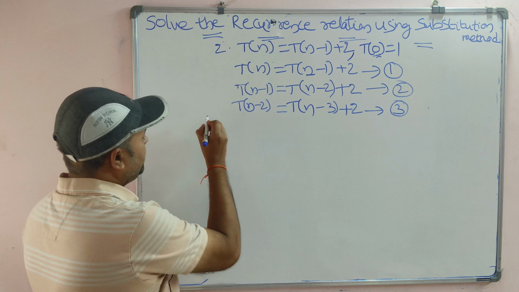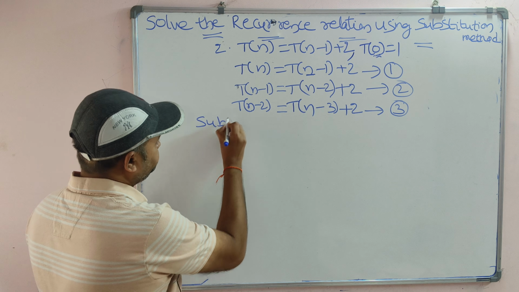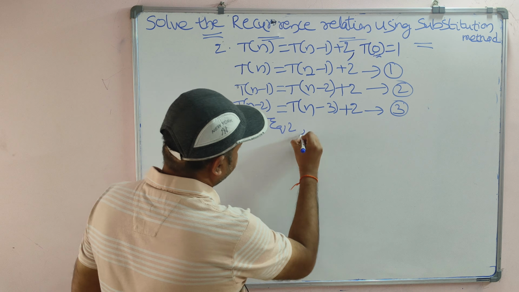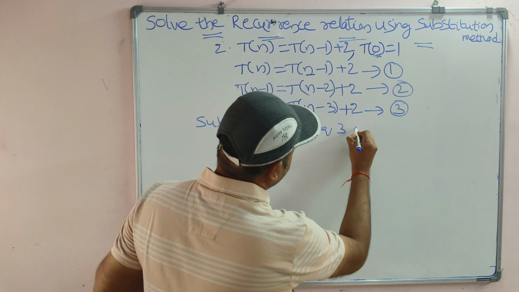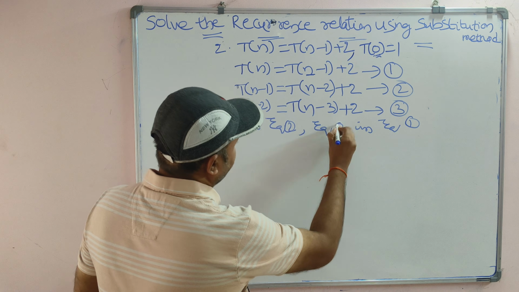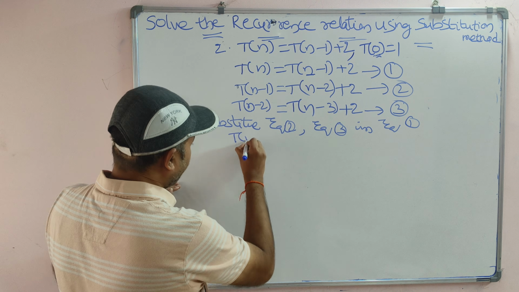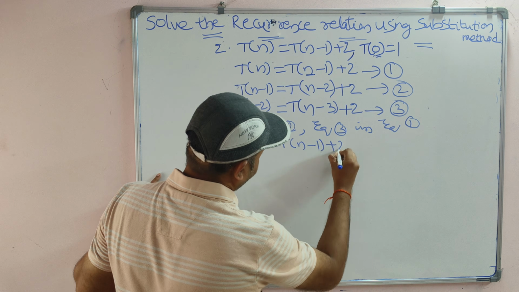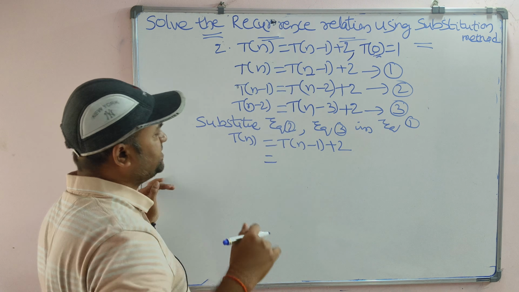Now substitute equation number 2 and equation number 3 in equation 1. So what is equation 1? T of n equal to T of n minus 1 plus 2. What is T of n minus 1?